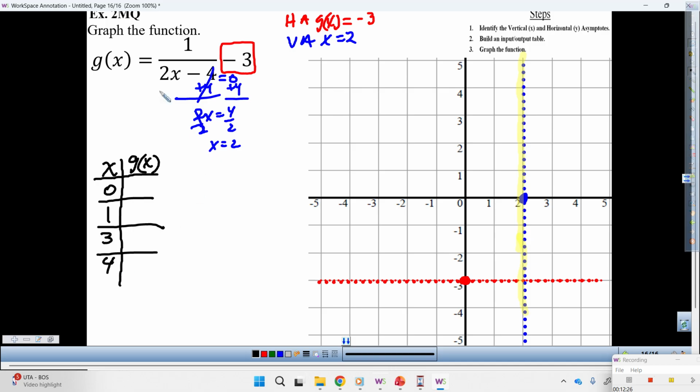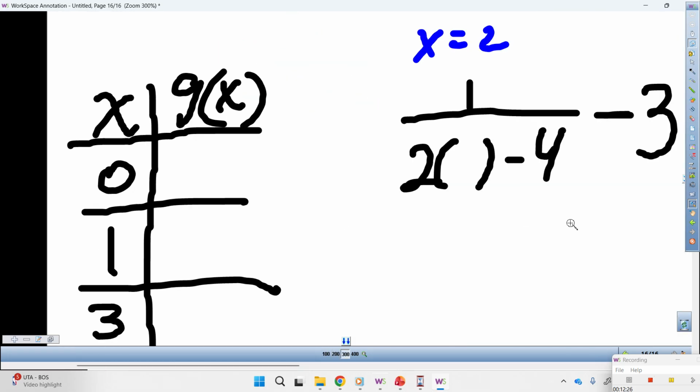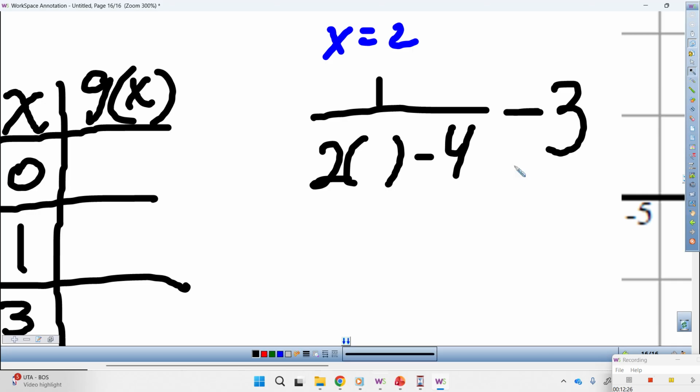All right, so let's write our fraction over here. We got 1 over 2 parentheses minus 4 minus 3. I'm going to zoom in for that work. My first value is 0.